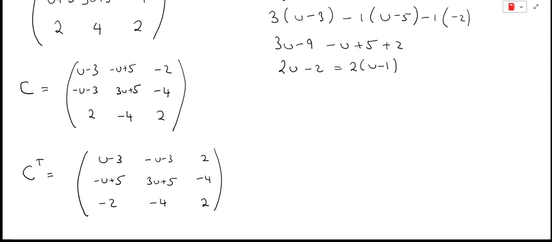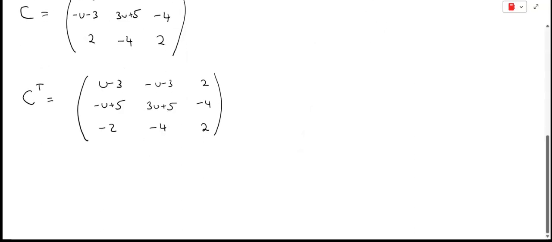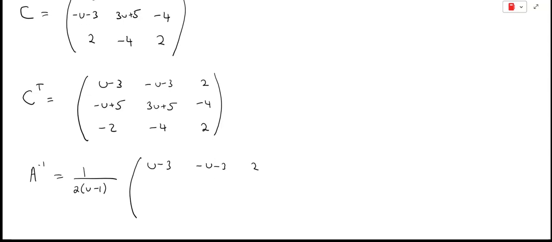And so that's our cofactors transposed. And finally, the inverse is going to be 1 over 2(u minus 1), times the matrix u minus 3, minus u minus 3, 2, 5 minus u, 3u plus 5, minus 4, minus 2, minus 4, and 2.